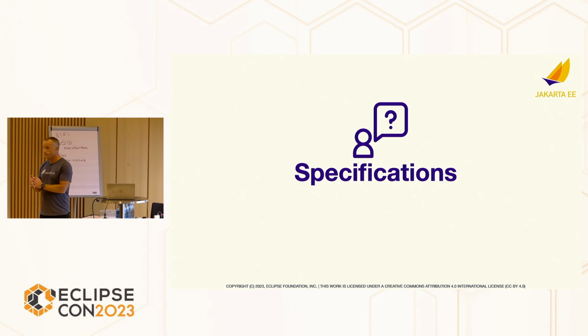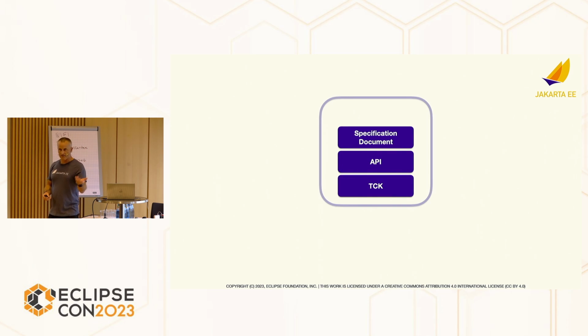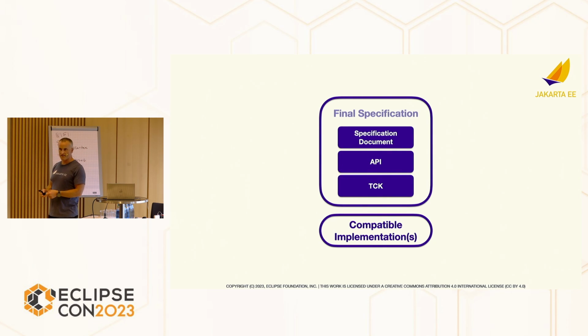But yeah, Jakarta EE is all about specifications. When we talk about specifications in Jakarta EE, we build them from a textual representation of the technology. It's a specification document that describes what the technology is all about. We have an API artifact that is what US developers would use at Maven Central, so that's what you use when you develop your applications.